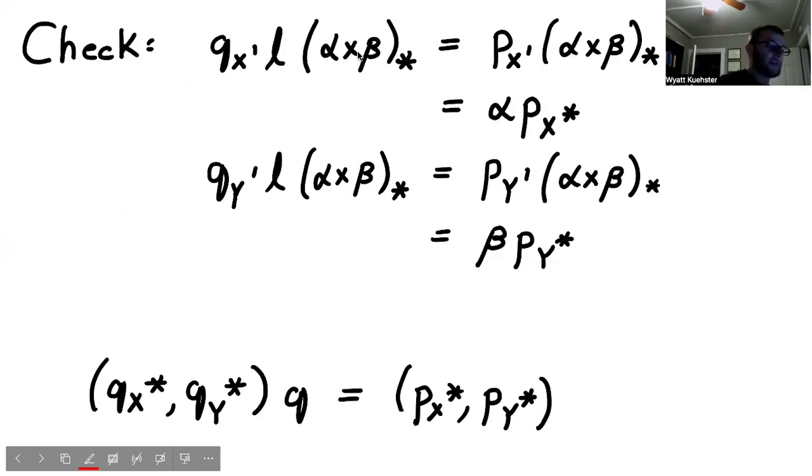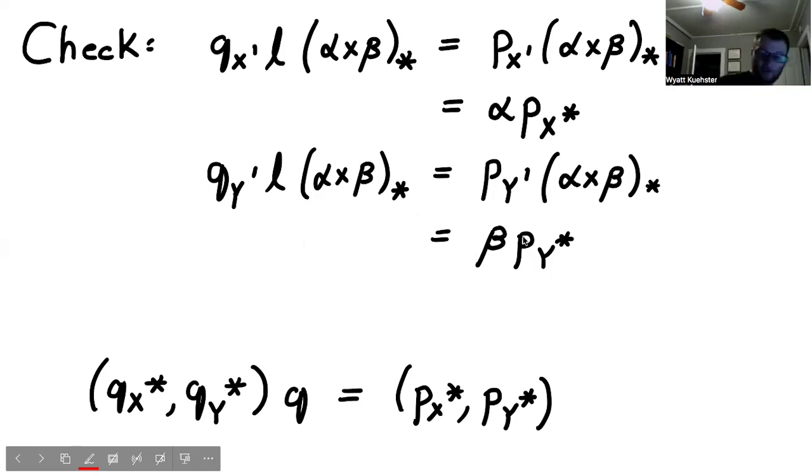The outside legs of the thing we're going to use the universal property on commute because qx prime L was px prime, and because the square with w star and w was a pullback square, I have that px prime times this weak equivalence on the top was alpha px star, and similarly for the qy prime and beta.